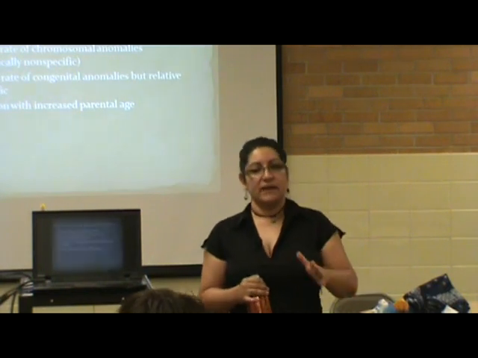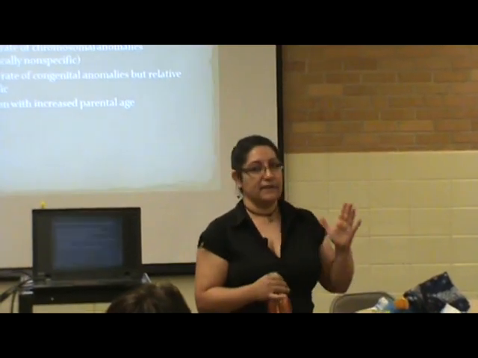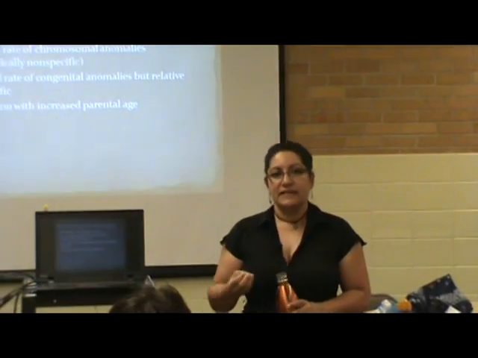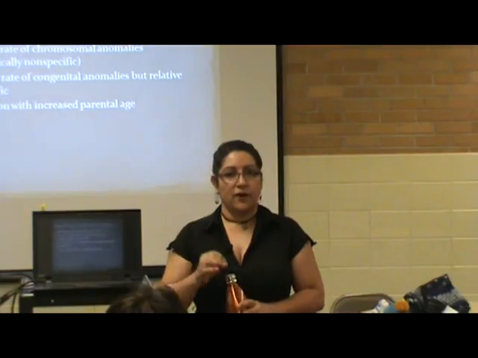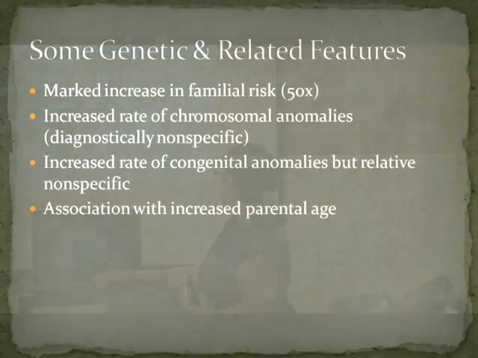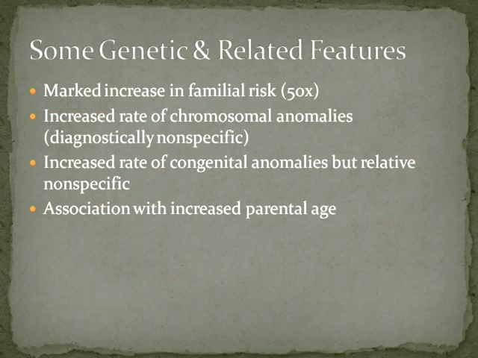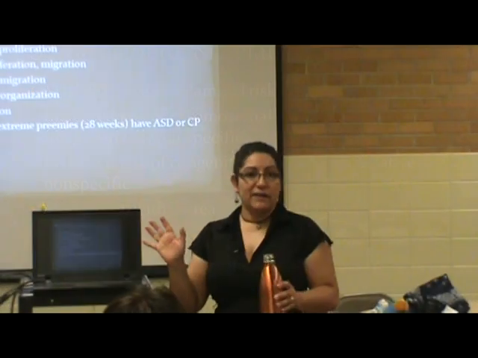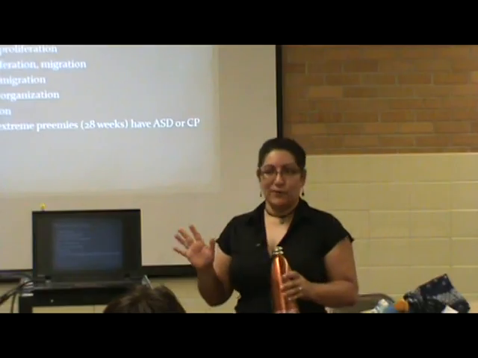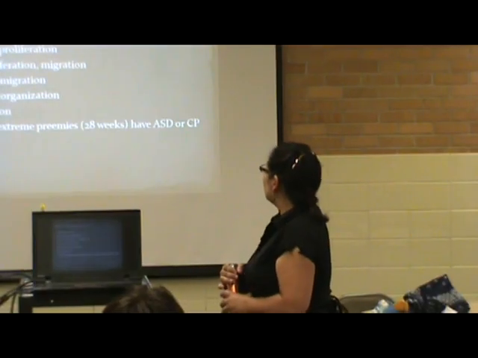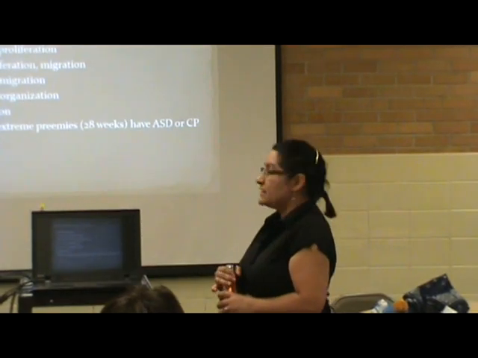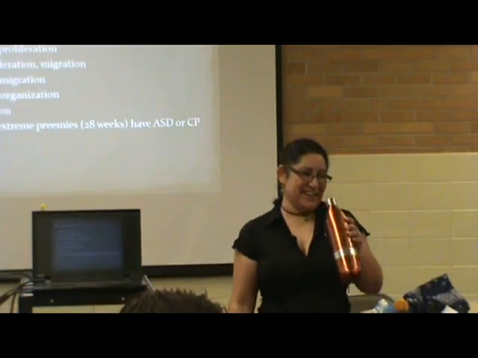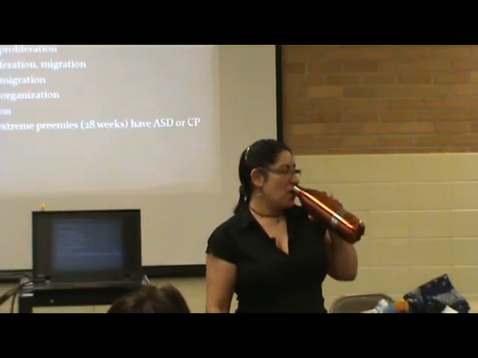Somebody was bipolar, somebody had schizophrenia, somebody had depression, so that idea that whatever is happening is very brain driven. Increased rate of congenital anomalies, but relatively non-specific, associated with increased parental age. Not to scare anybody off if they're thinking about having babies when they're much older, it's totally fine. Neurobiologic events, organogenesis. With a younger male. Yeah, there you go, balance it out.